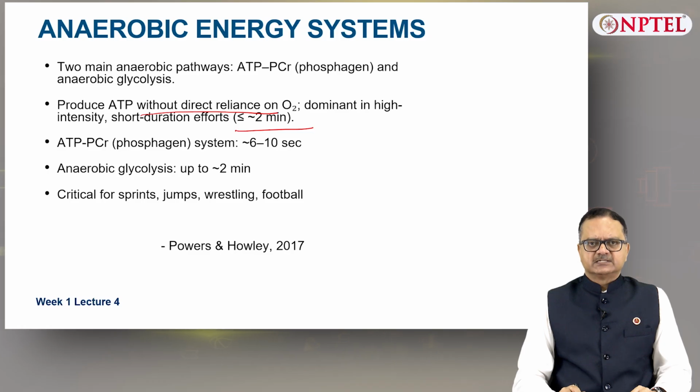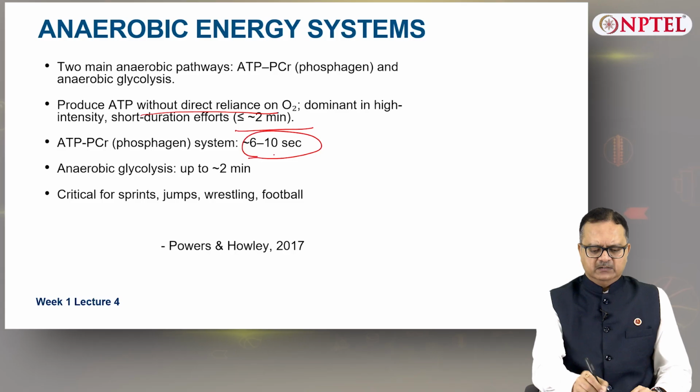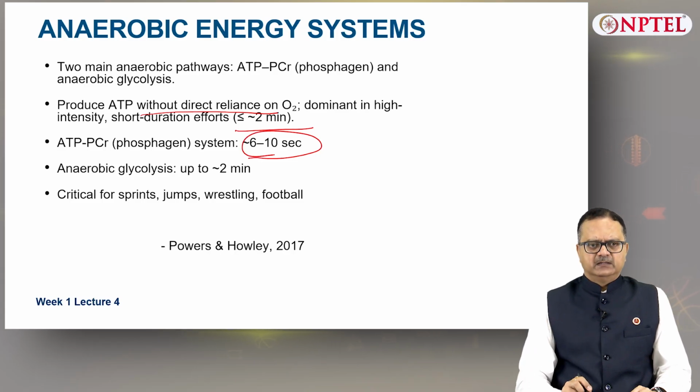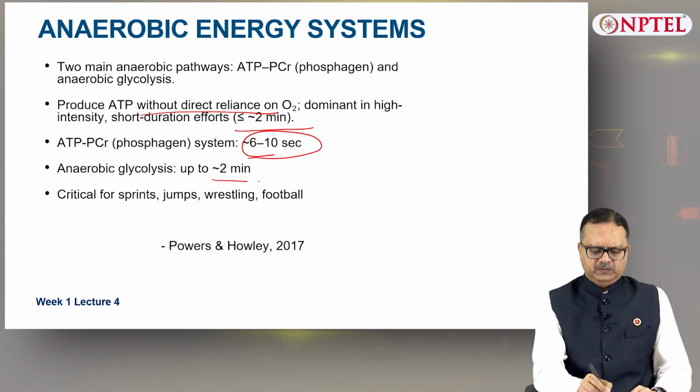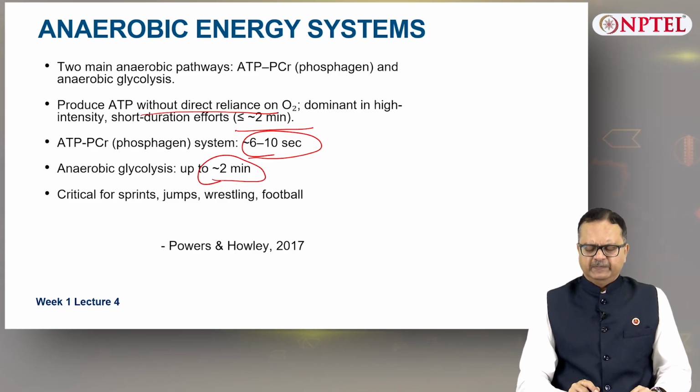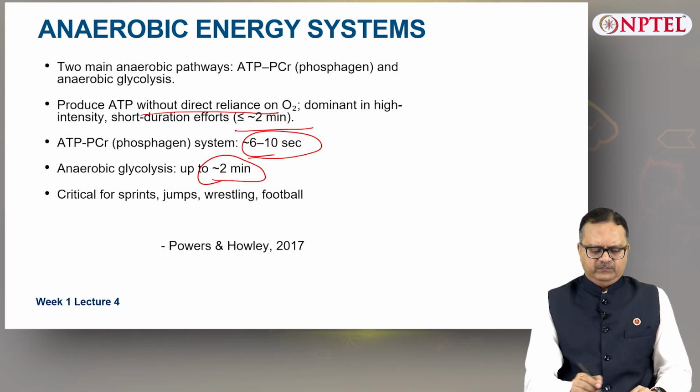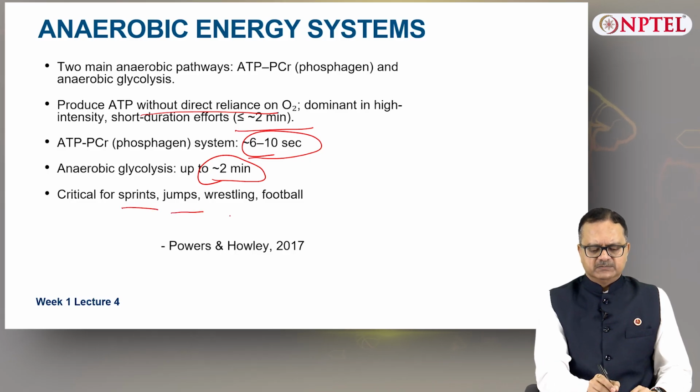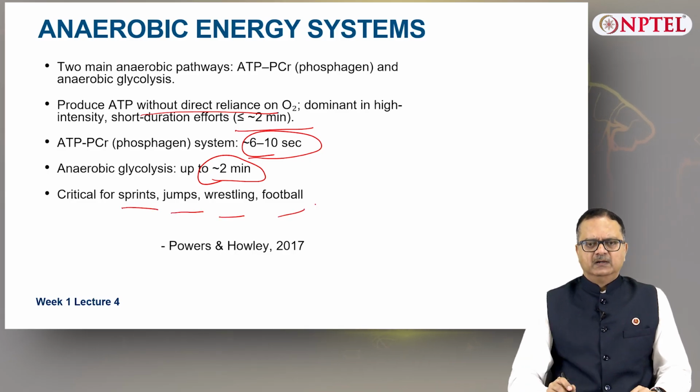The Phosphagen system produces ATP for up to 6 to 10 seconds, and the anaerobic glycolysis system produces ATP up to 2 minutes. With this understanding, we know that this system is critical for sprints, jumps, wrestling, football, and similar sporting activities.